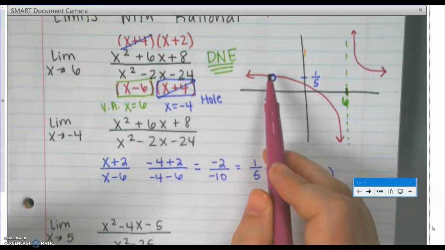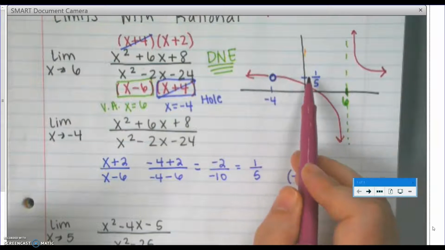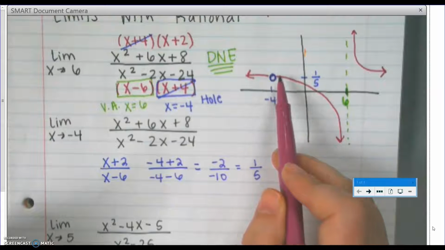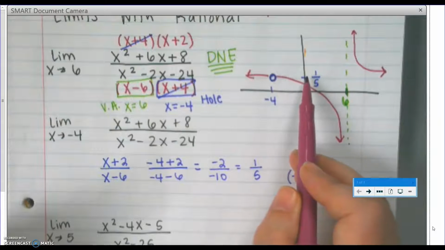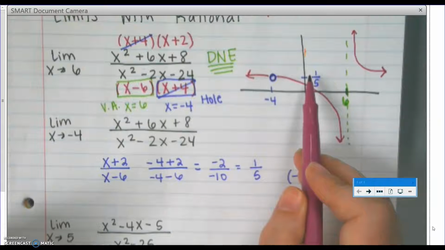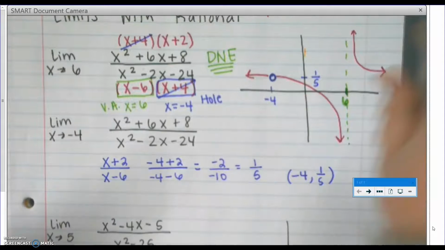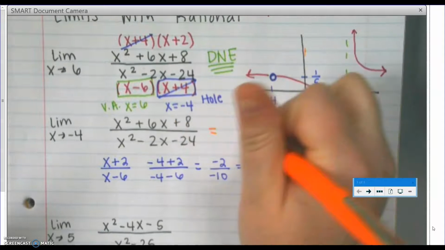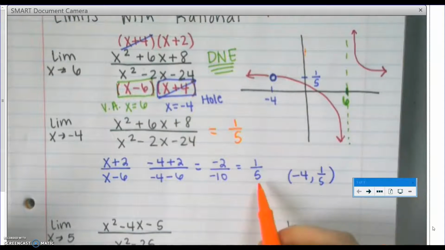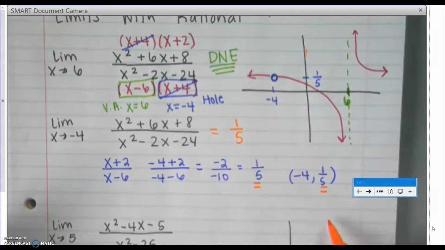So they're meeting at the same answer. Even though they're never going to actually equal that number, they are approaching that number and getting infinitely close to that number. So the answer to this question is 1/5, because that's the y value of the hole.